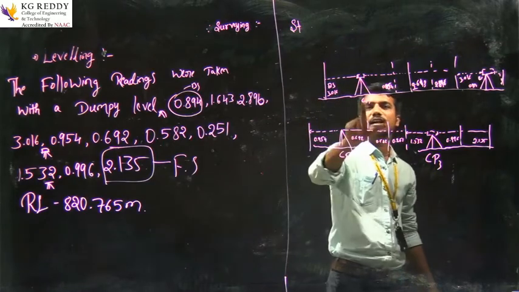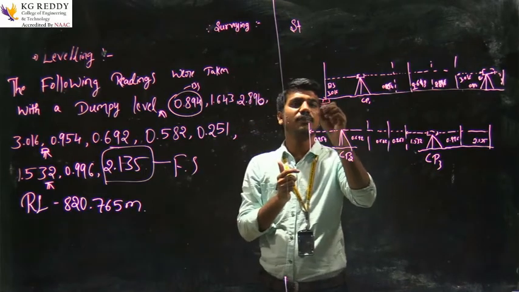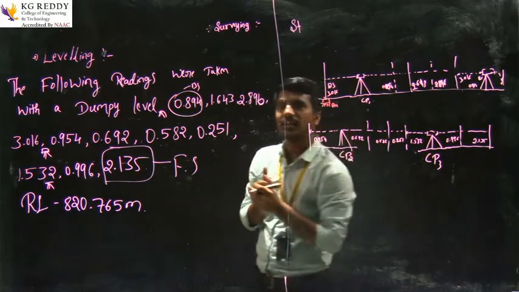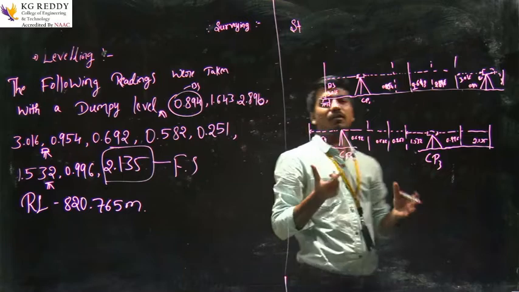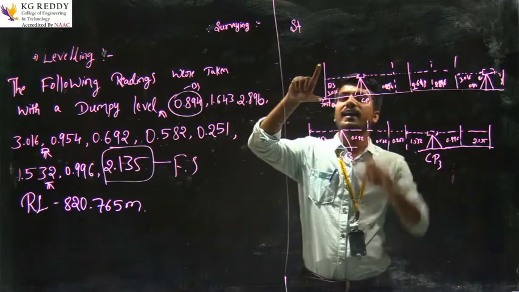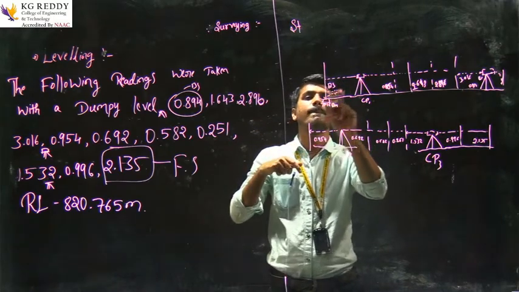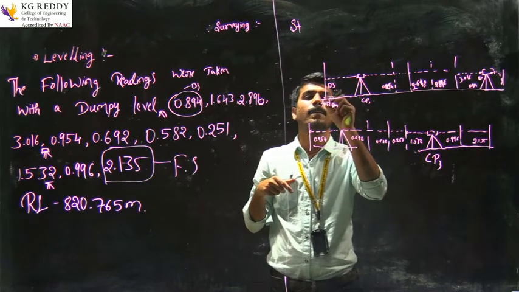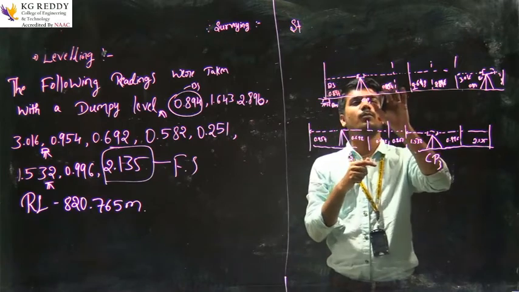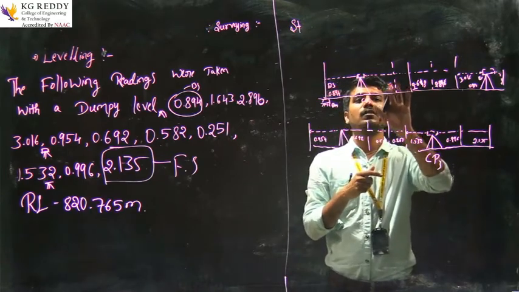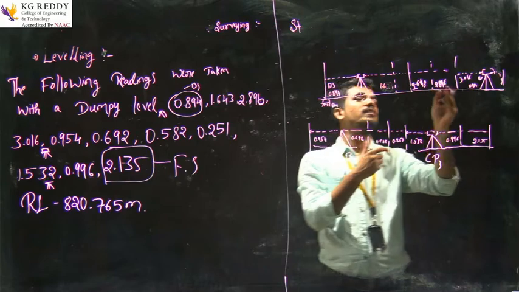I have to show this in the field levels. First you set up your dumpy level and take the benchmark. The benchmark is a reference point on any permanent structure, like electrical poles or corners of buildings, whatever it may be. We hold the staff and take the first reading, that is 0.894, a back side reading, and then the remaining readings: 1.643, 2.896 and 3.106.